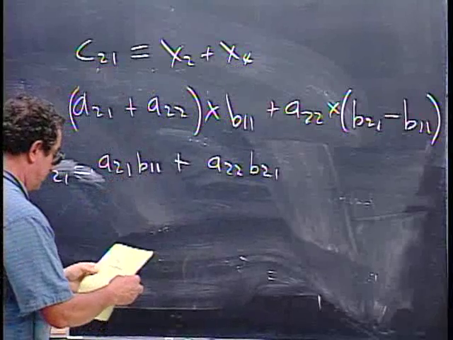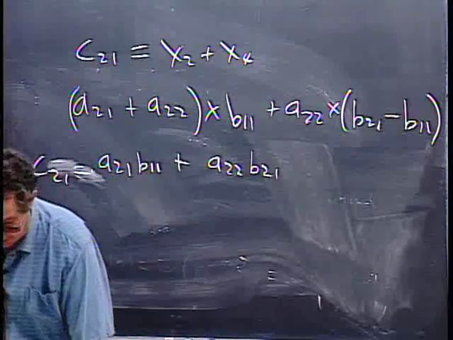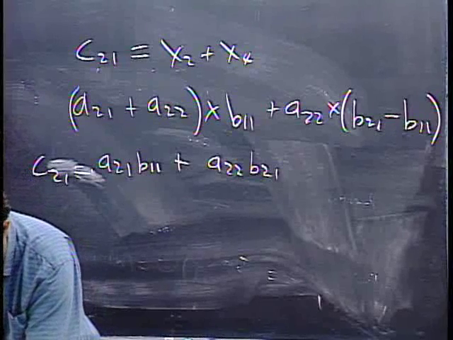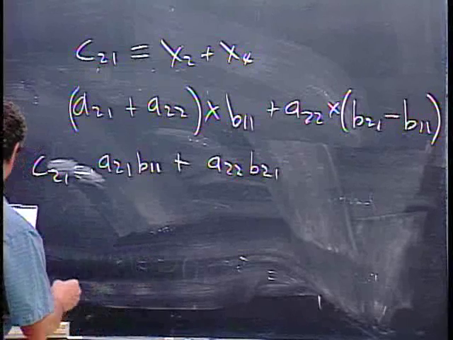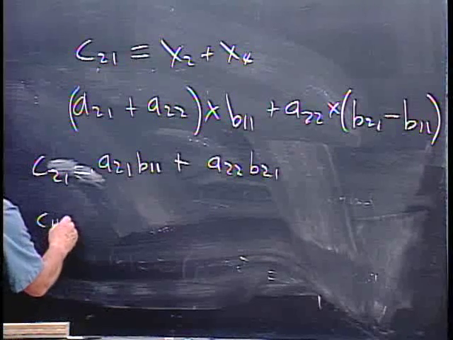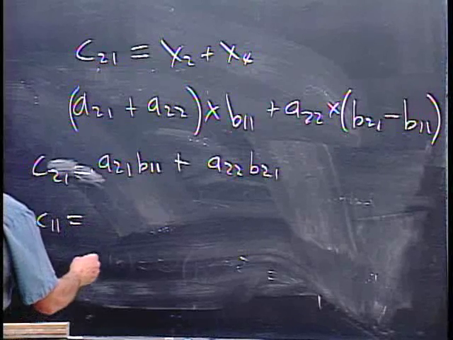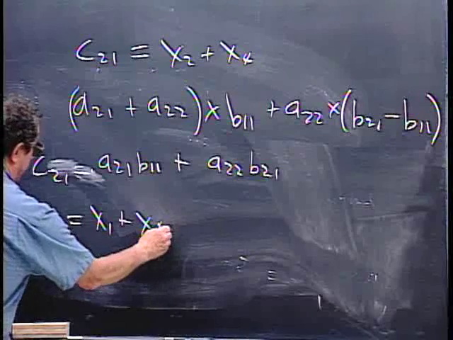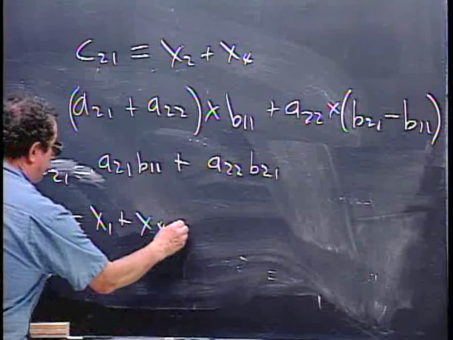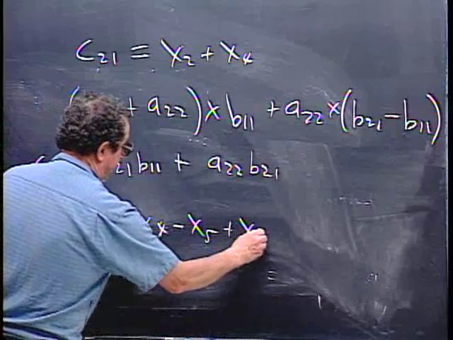Okay? Now, just to illustrate, I'll write one more to give you an illustration. We won't verify it, but just to show you that the others are similar in nature. So C11 is equal to X1 plus X4, which we've seen, minus X5, which I didn't show you, plus X7.